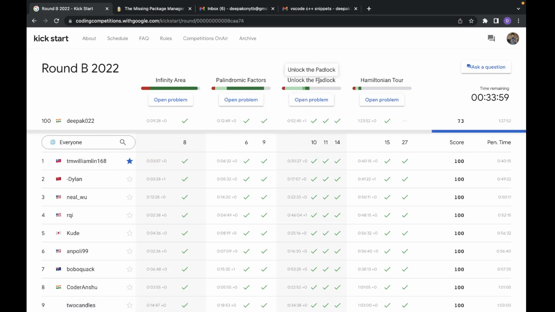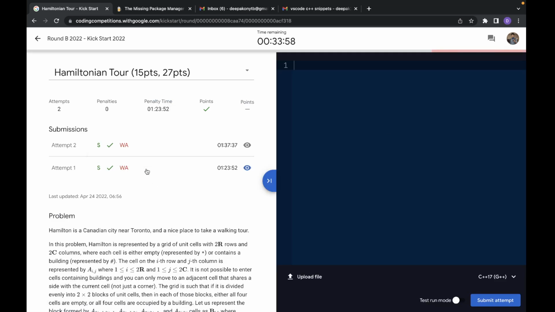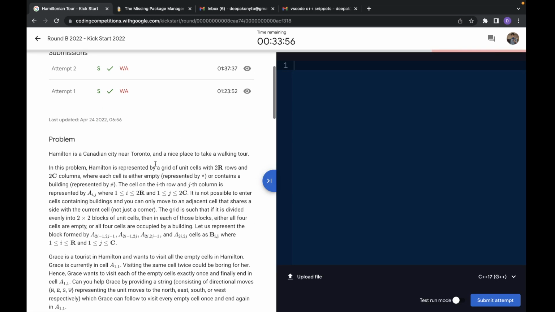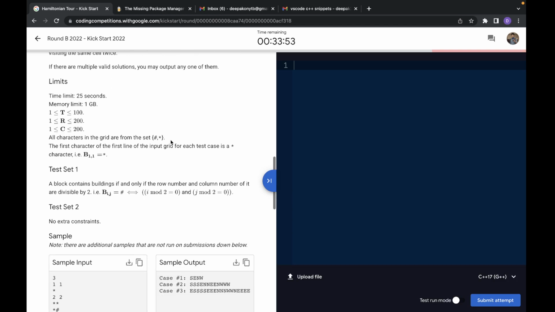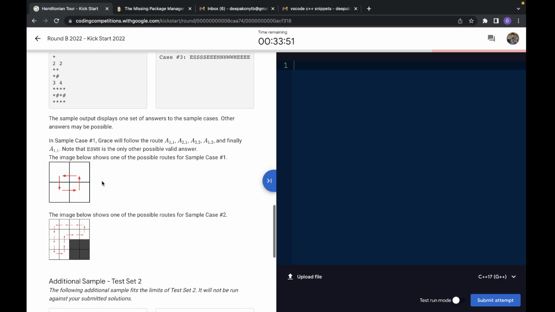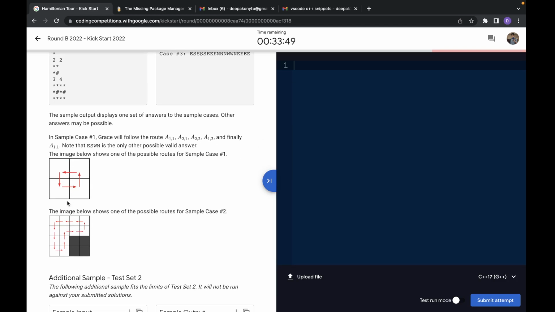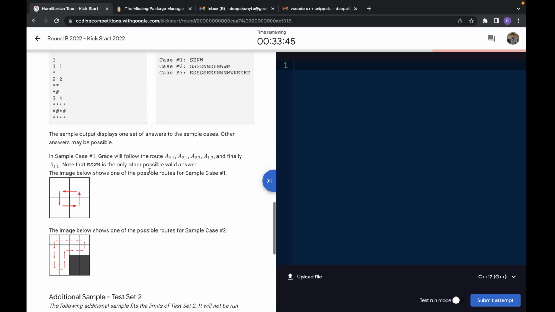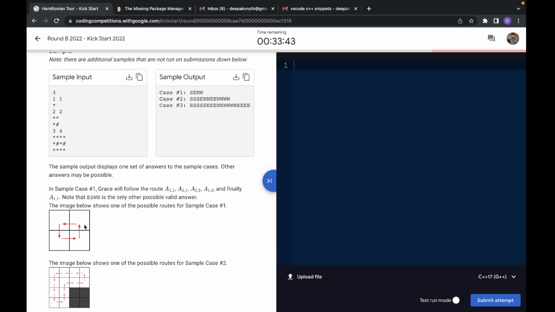So this was the third problem, and going toward the last one. In this problem, what you're given is a grid with some empty spaces and some obstacles.